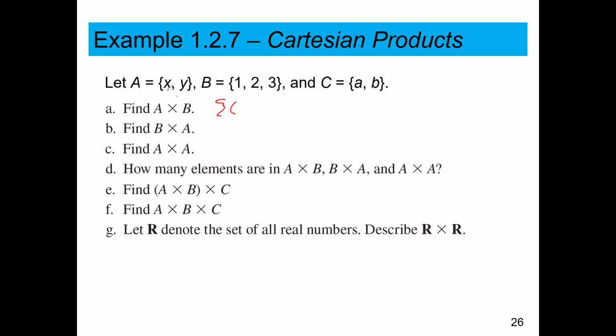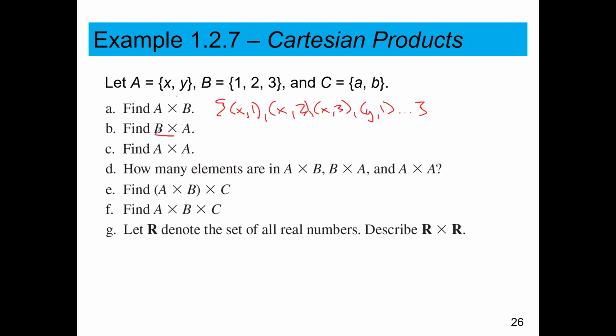So I'm going to pick something from A. I'm just going to start with X. And then the second element has to come from B. So 1. And then I could do, again, X and 2. And then I could do X and 3. And then I could do Y and 1, and so forth and so on until, well, there's only 2 more that end up.